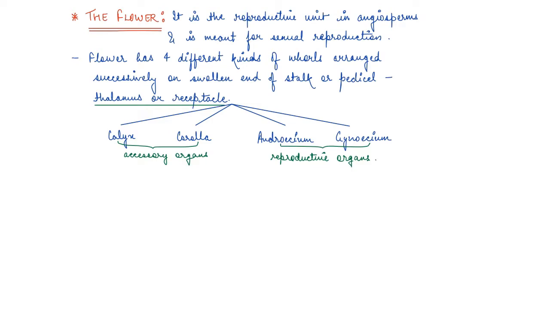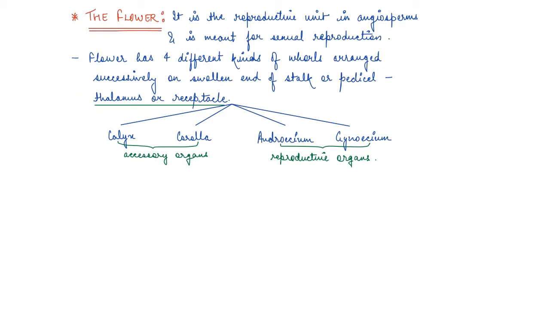So a typical flower has four different kinds of whorls which are arranged successively on the swollen end of stalk or pedicel. So remember that flower has four different kinds of whorls, and these are arranged on the swollen end of stalk or pedicel, and this swollen end is known as thalamus or receptacle.